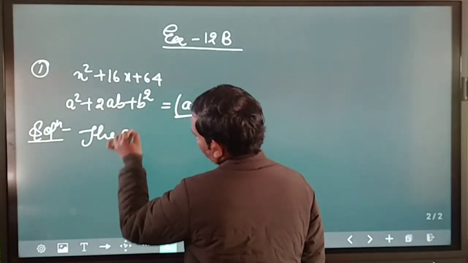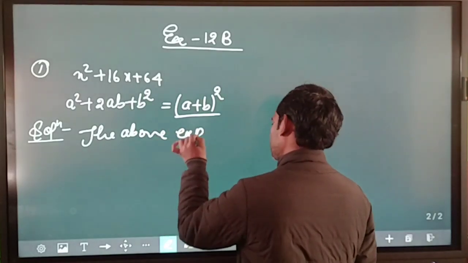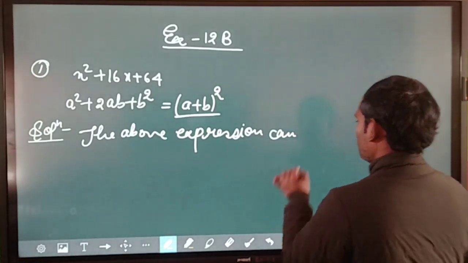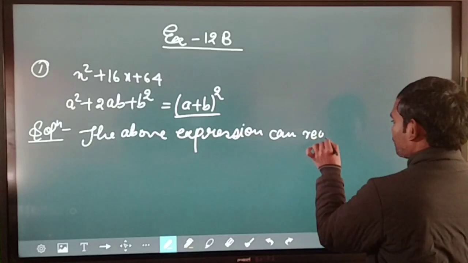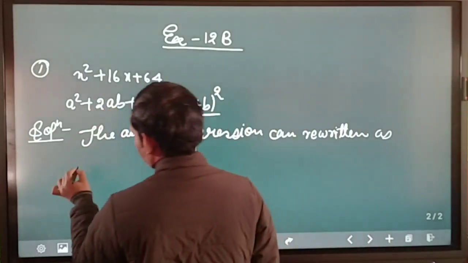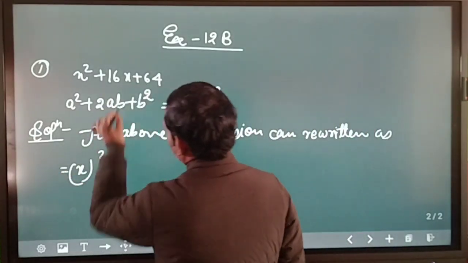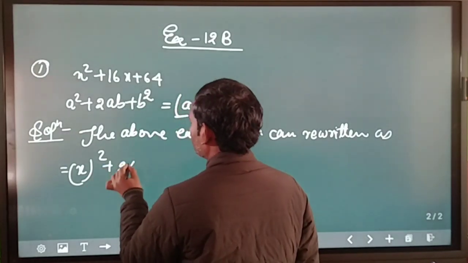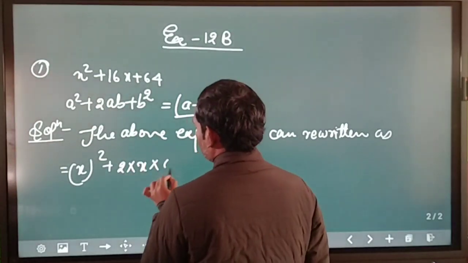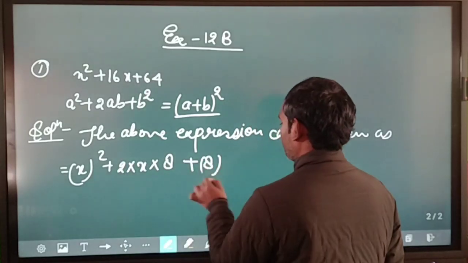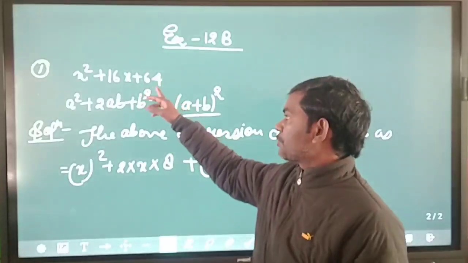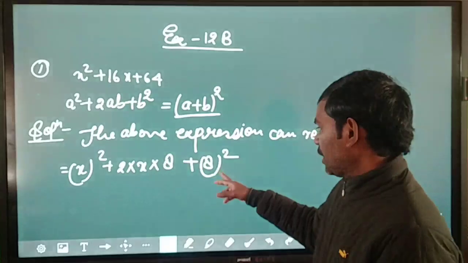The above expression can be rewritten as the whole square of x, plus 2 into x into 8, plus the whole square of 8, because we know that 8 squared is 64, and this 64 is written in the form of b square, which is why we write 8 square.